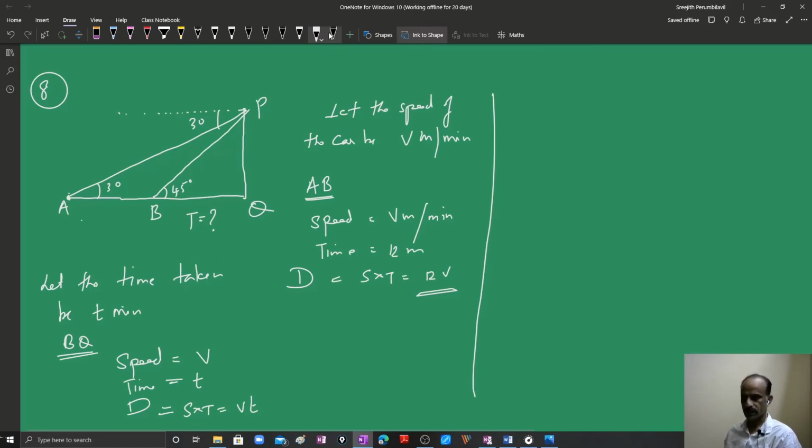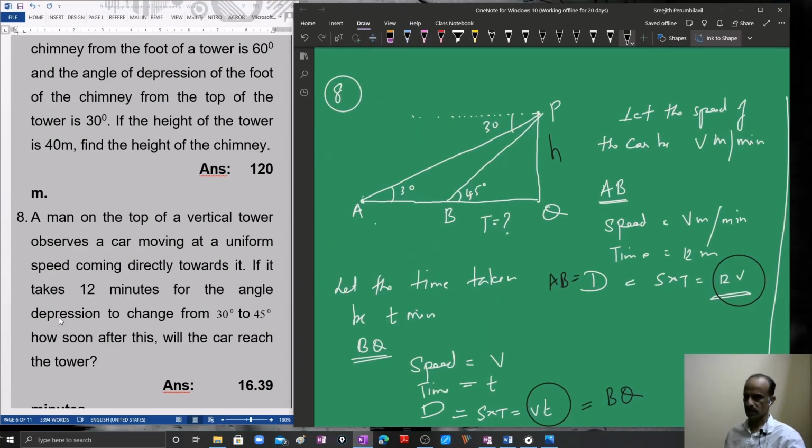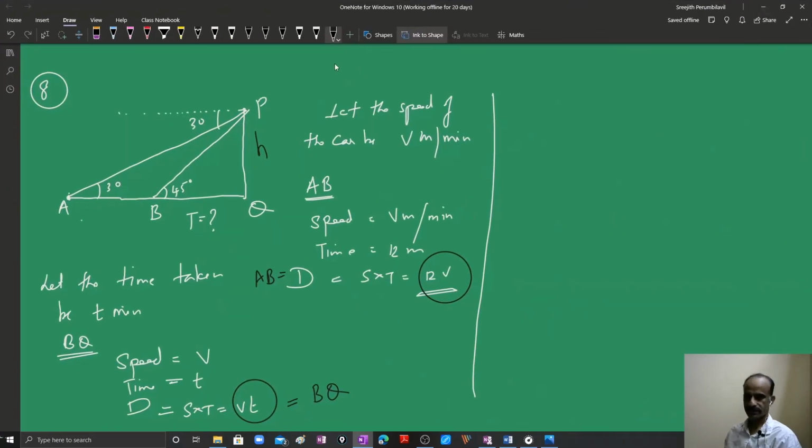Now we have these things. This is 12V, which is the distance AB, and this is Vt, which is the distance BQ. Now let the height PQ be h. Is the height of the tower given? No, nothing is given, only angles are given. That makes the question interesting, isn't it? We have done a similar question.